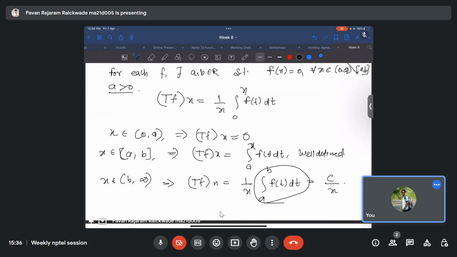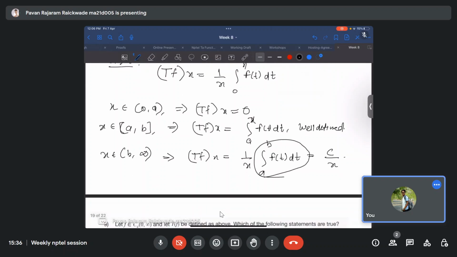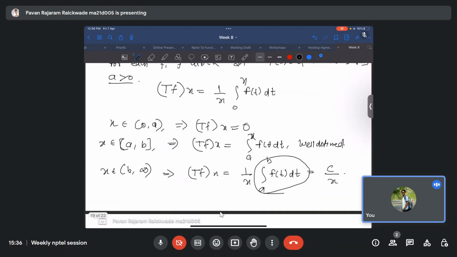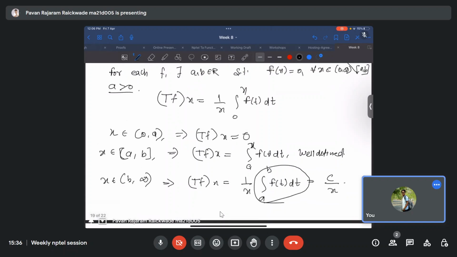Perfect. So this is the explicit representation of the function Tf for every f. I can call this c_f, since it depends on f. It's a constant value.